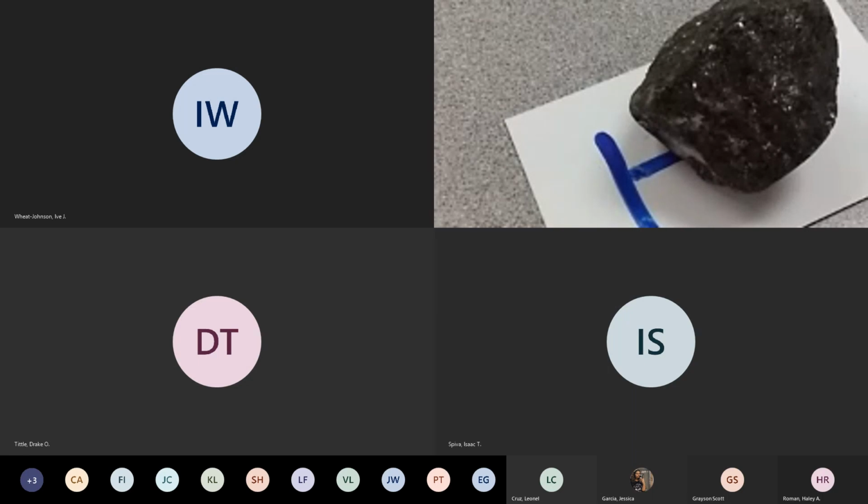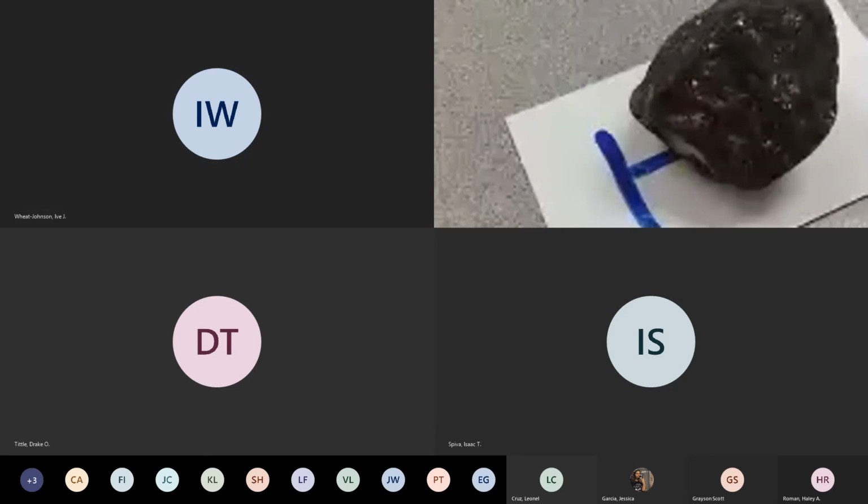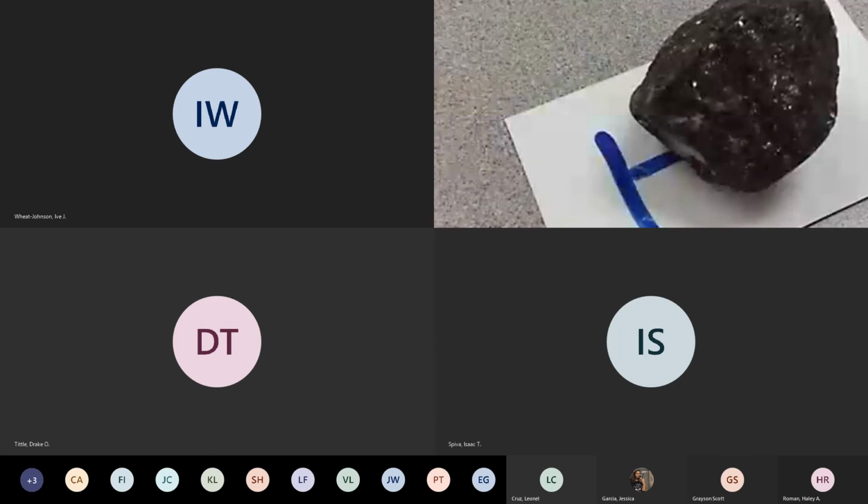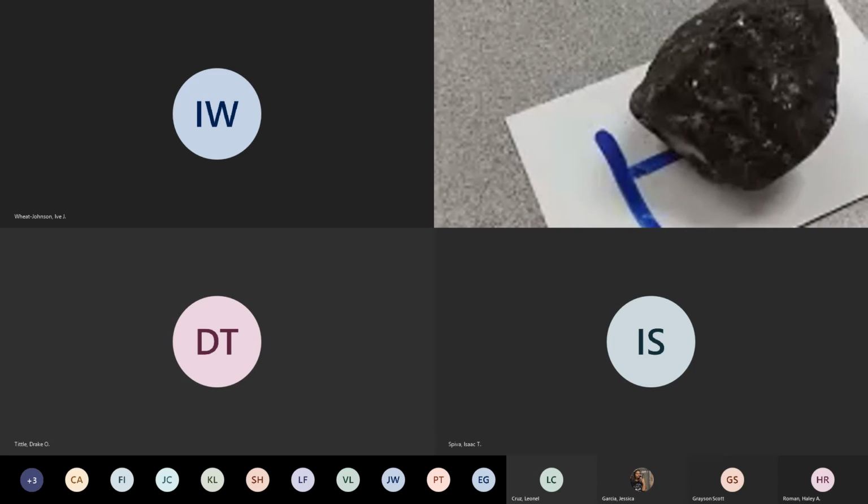I will tell you that some of the things that you guessed were correct, but I'm wanting you to actually use the key next week to identify these things. So let's talk a little bit about these.